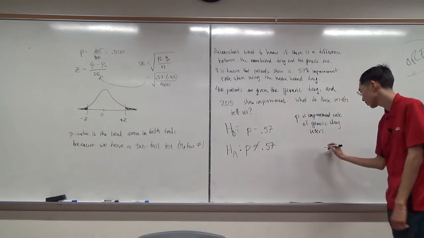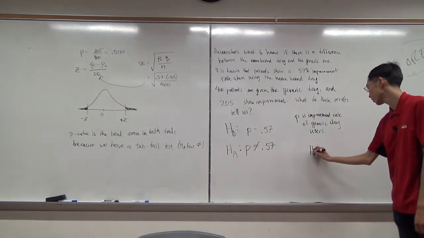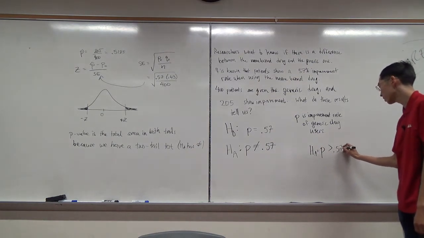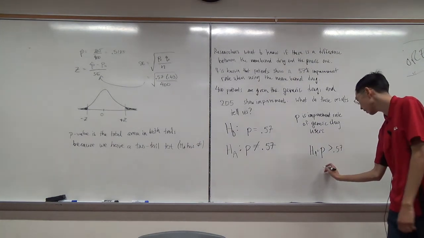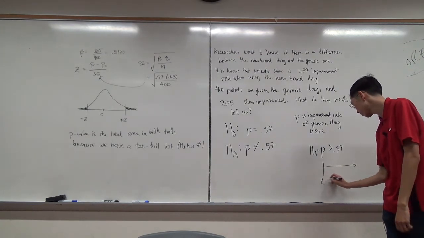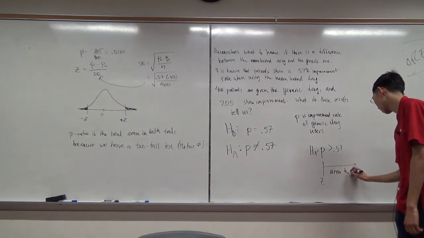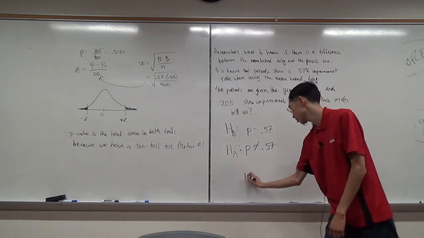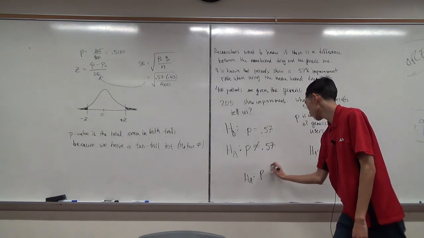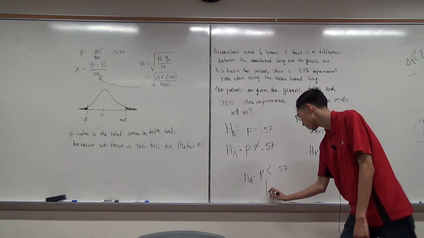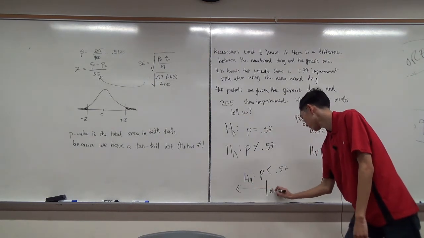So if the alternative shows that P is greater than 0.57, then you take the area to the right of your z-score. Wherever your z is, you take the area to the right. If the alternative says P is less than 0.57 or whatever it is, whatever your z-score, you take the area to the left.